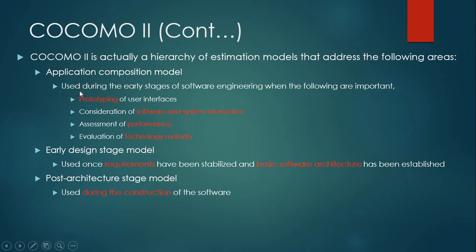The first is used during the early stages of software engineering when the following are important: prototyping of user interfaces, consideration of software and system interaction, assessment of performance, and evaluation of technology maturity. The second, early design stage model, is used once requirements have been stabilized and basic software architecture has been established. The third is used during the construction of the software. So these are the stages where we can use our COCOMO model.